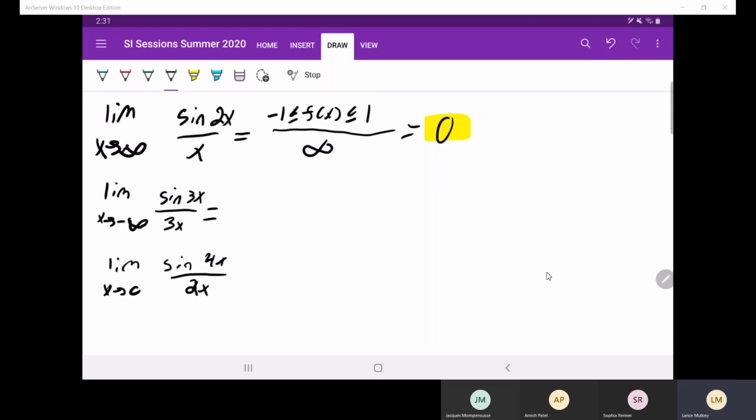Makes sense? You got to pay attention to what x is approaching down here. All right. Now what about this second question? What's this answer? Any guesses, ideas? Limit as x approaches -infinity of sine 3x over 3x.